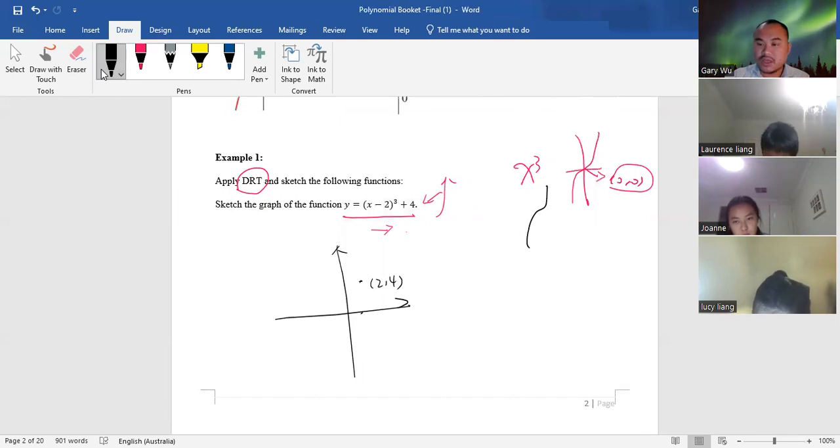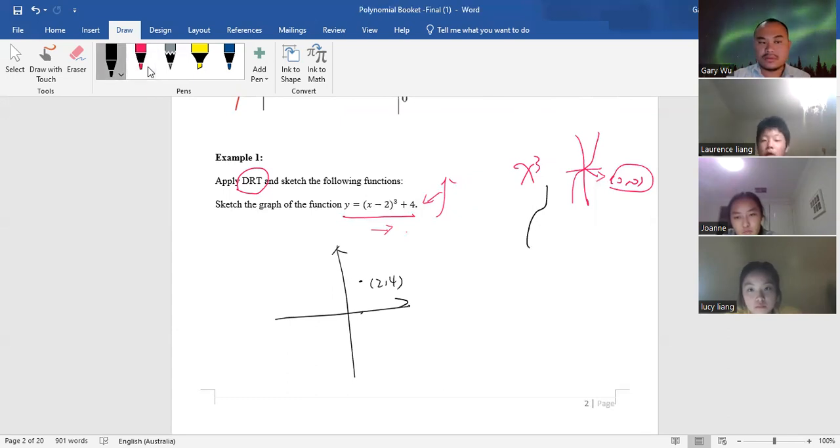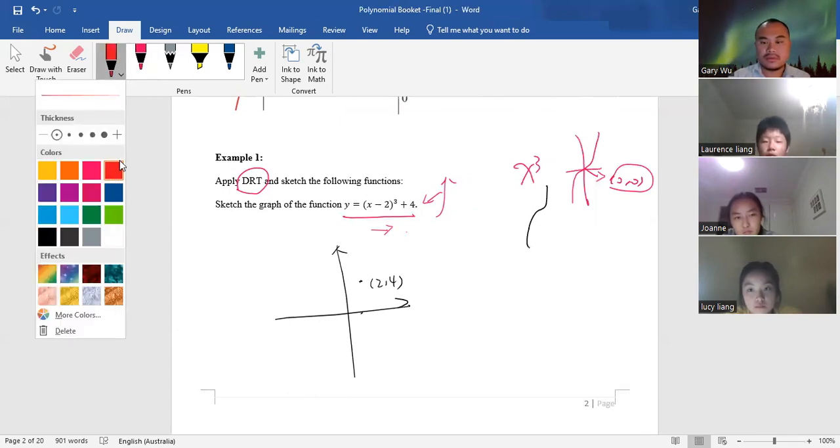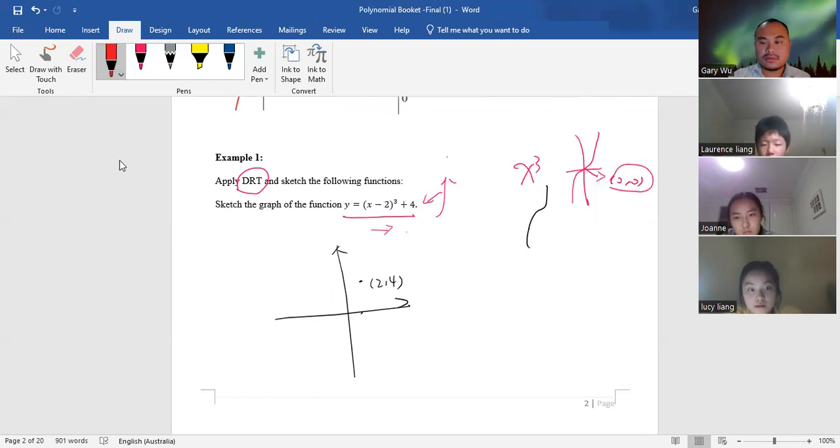But before we do it, it would be great for us to find the x-intercept and y-intercept first. It's the same thing as quadratics. How do we find the y-intercept, Lawrence? X equals 0. So we sub 0 in here.